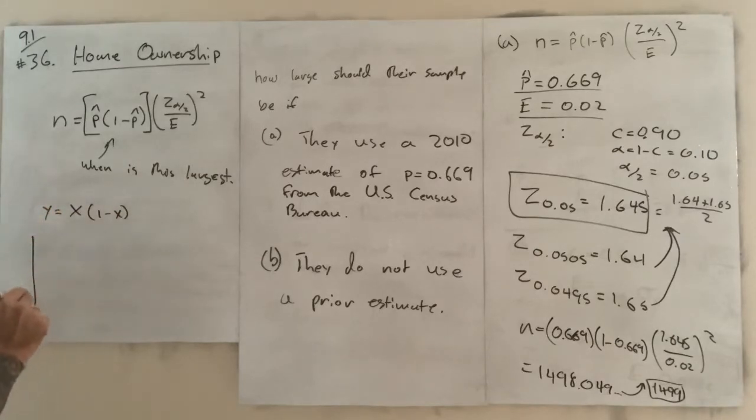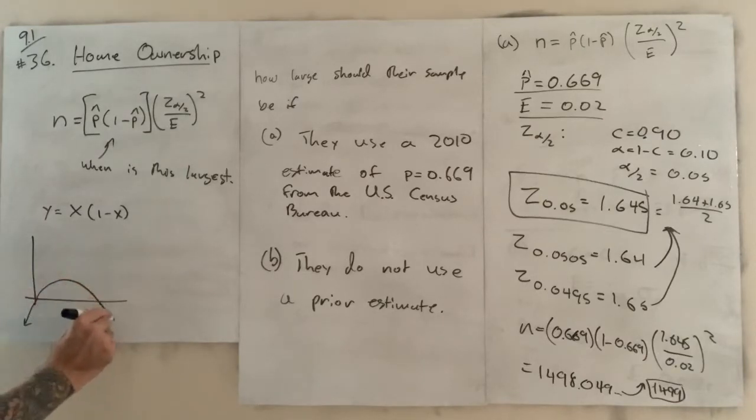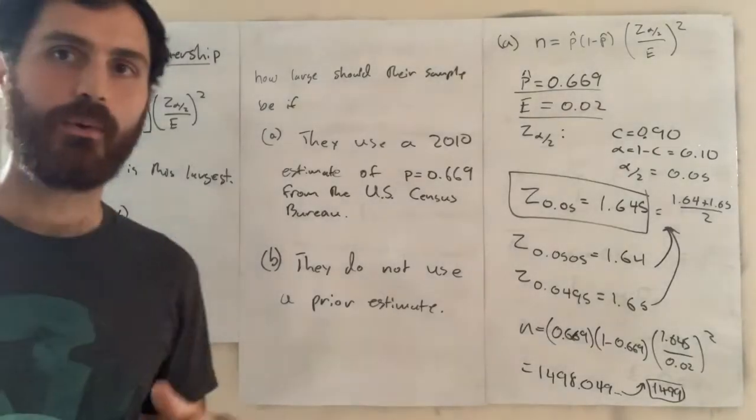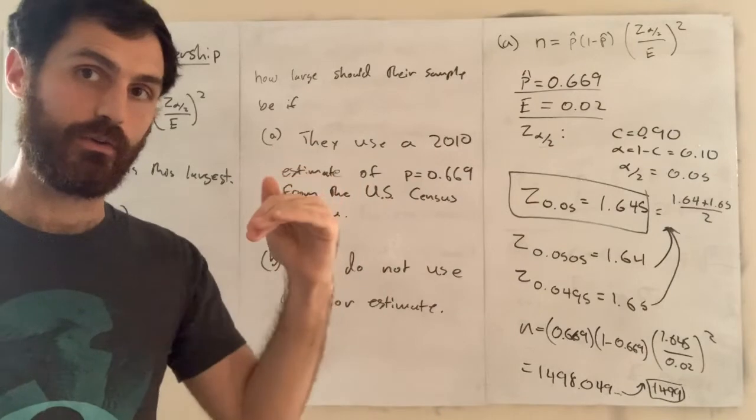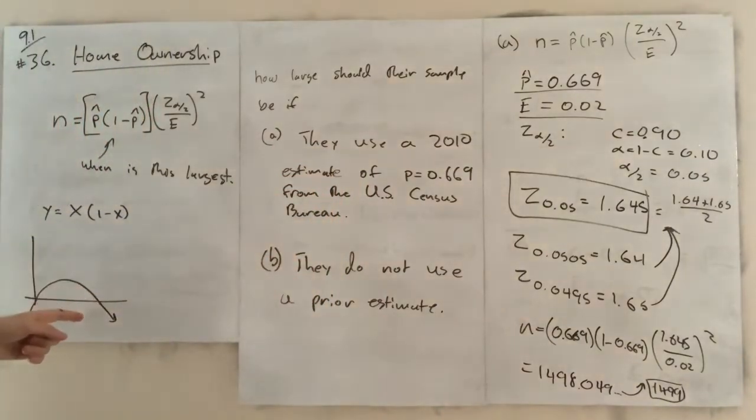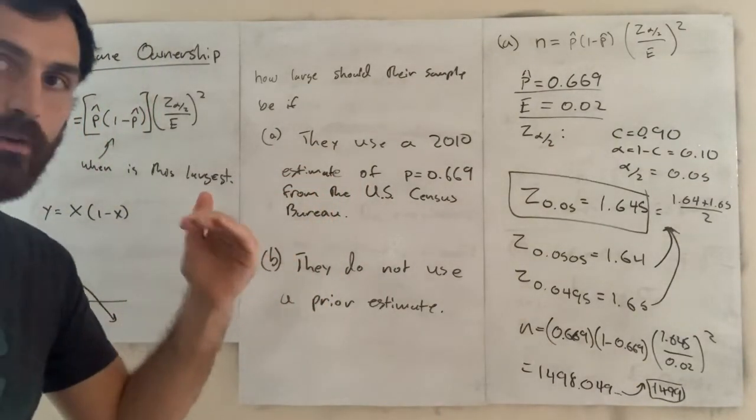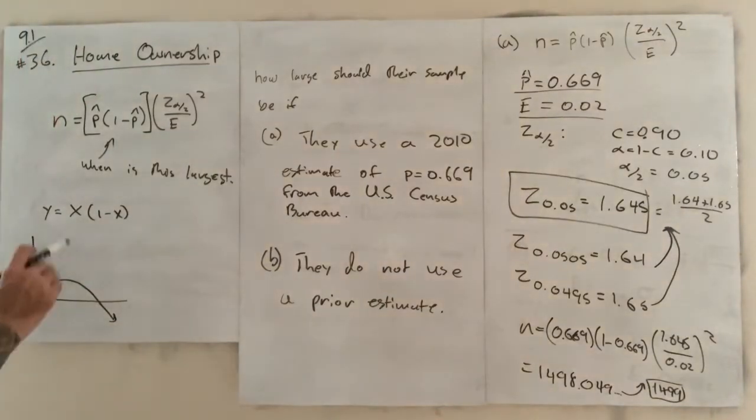and you look at y equals that, you're going to get a parabola, and it's going to look like this. So you could plug this into a graphing calculator. And parabolas always have a highest value or a lowest value. In this case, you're going to get something that's concave down, so it's going to have a highest value.